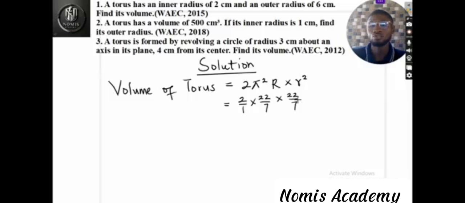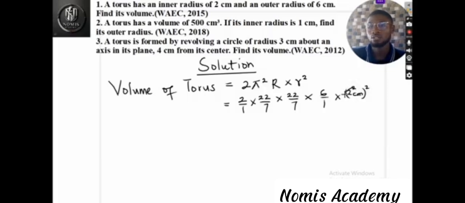Why am I writing it twice? Because it is squared from the formula. Multiplied by capital letter R, that is the external radius or the outer radius or the larger radius. So in this case it is 6 centimeters, right? So that is 6/1 multiplied by the inner radius, that is 2. So that will be 2 centimeters squared.